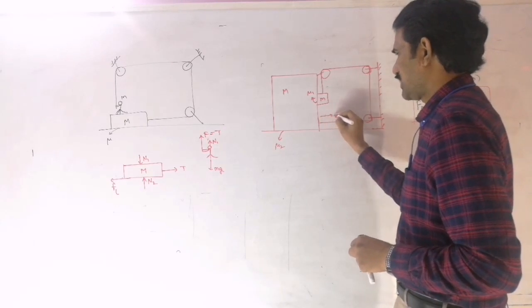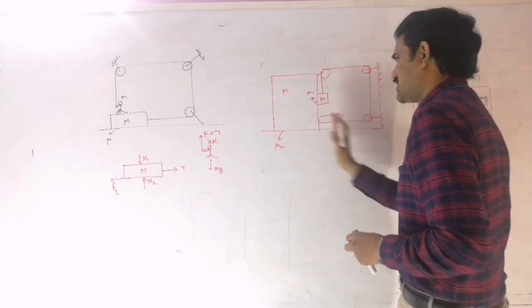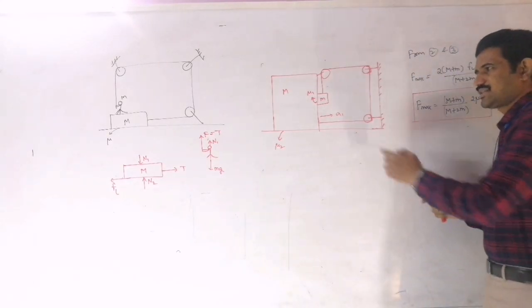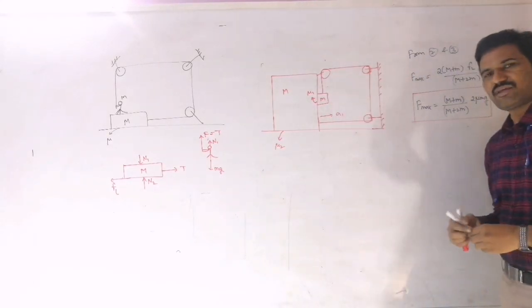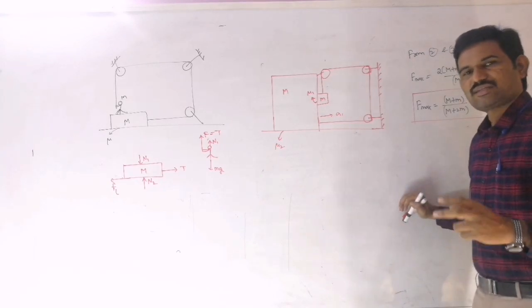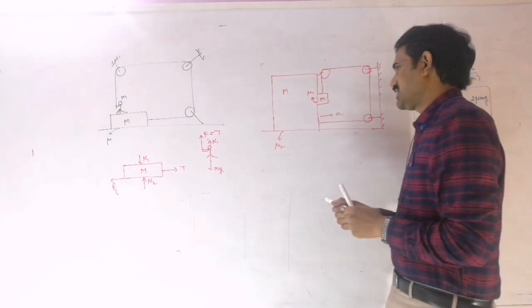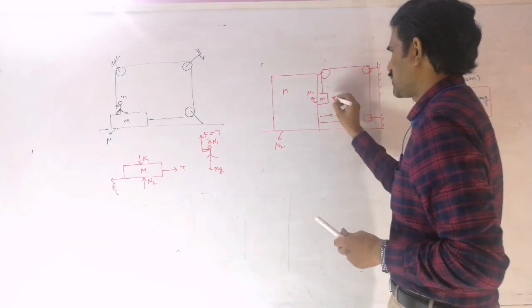For example, if you take the acceleration of this block in the horizontal direction as a1, then small m has two components of acceleration: one in the vertical direction and the other in the horizontal direction.